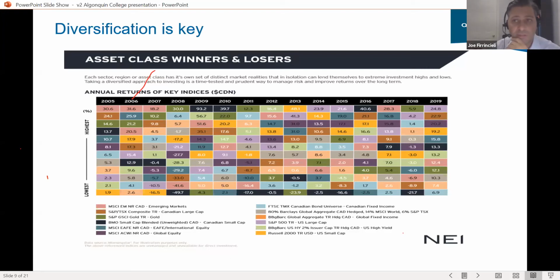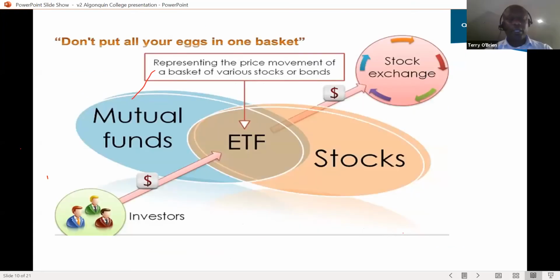Go ahead, Terry. So as you can see here, actually just adding on to Joel's point, when you invest, whether it be mutual funds, exchange traded funds, or stocks, you want to be diversified. Diversification helps with reducing the risk in your portfolio.